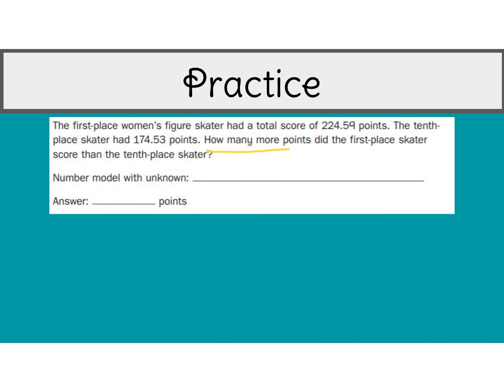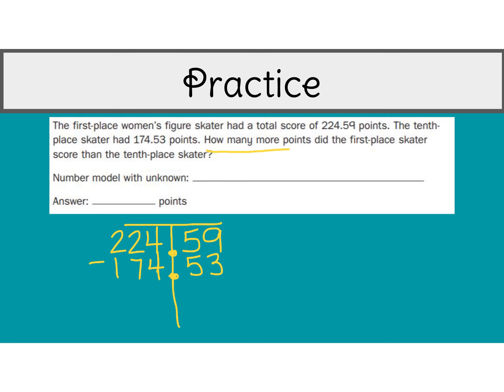Another way to go about this problem would be to make a T-chart. We're going to take that 224, put our decimal point here, our 59, and then put our 174, decimal point here, and we're going to subtract.